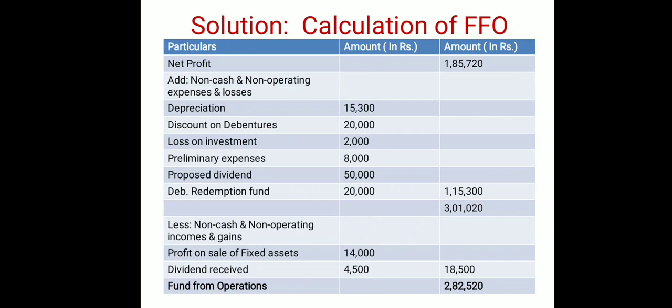I don't want to confuse you here. In further classes we'll solve that problem also, where we'll have the loss, and check how to work it out. Right now just go with this question solution method, that is the add back method, and I hope you will understand.